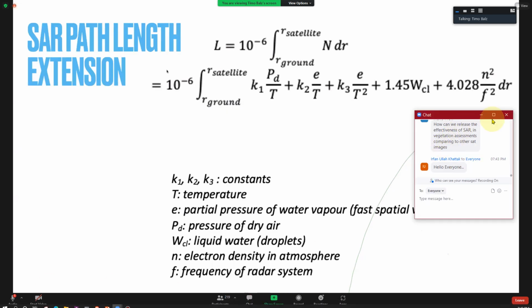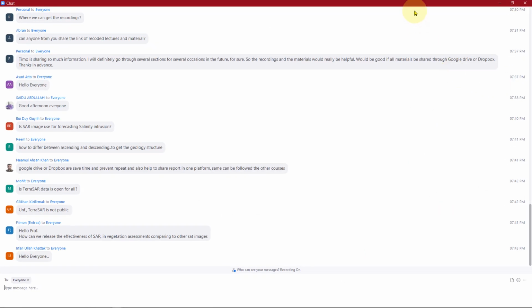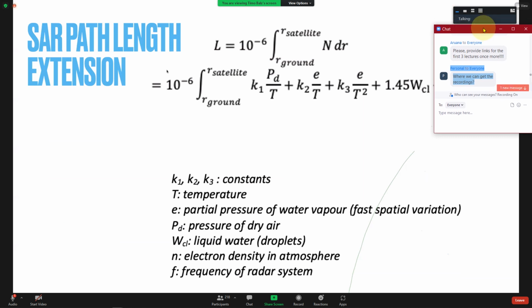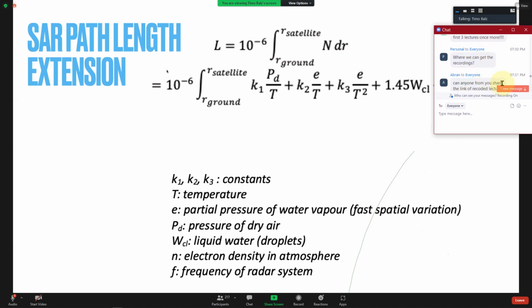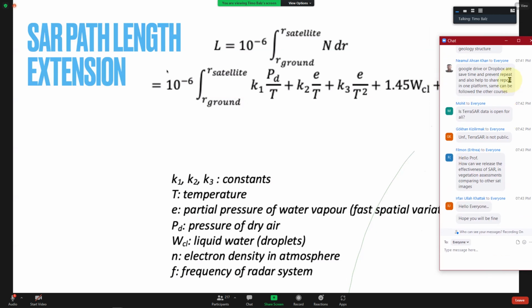Right. So first of all, you're gonna show that slide again. We know the atmospheric effects, how they affect our signal lengths, right?